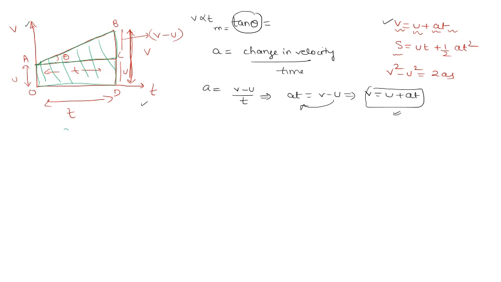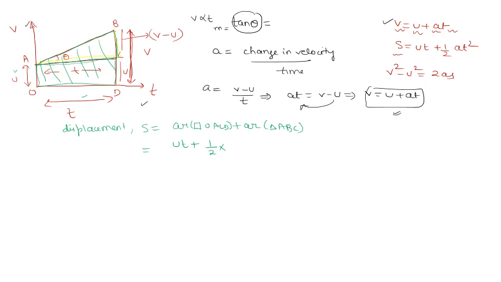That means the displacement for this object would be the area of rectangle OACD plus the area of triangle ABC. Area of rectangle is length into breadth, so u into t, plus the area of triangle, half base into height. For this triangle, your base is this one, t, and height is v minus u.